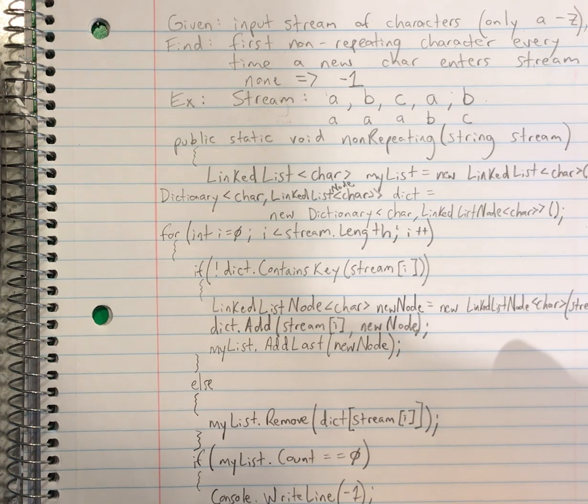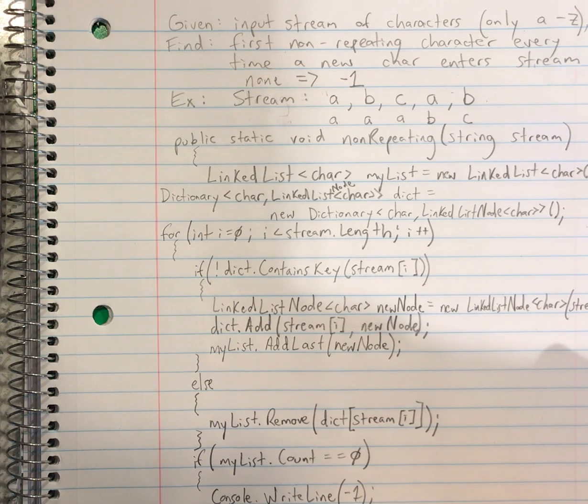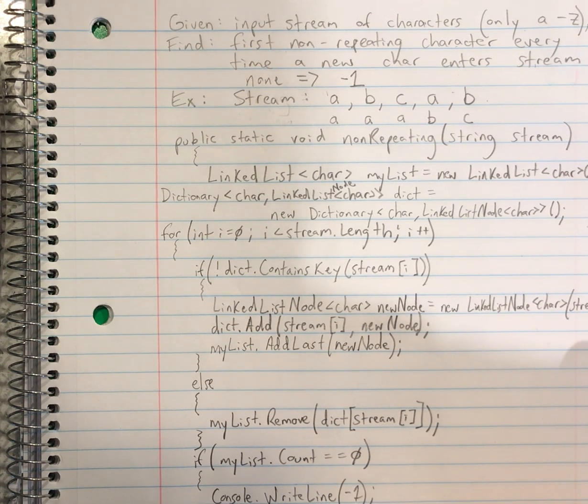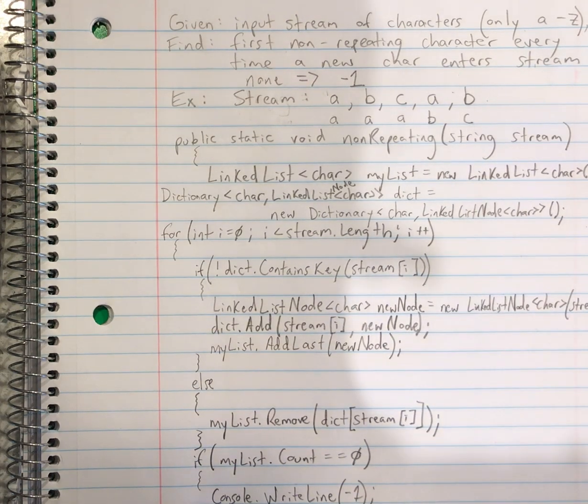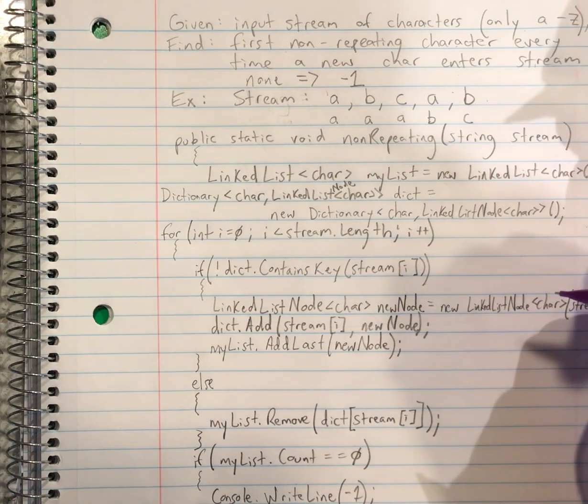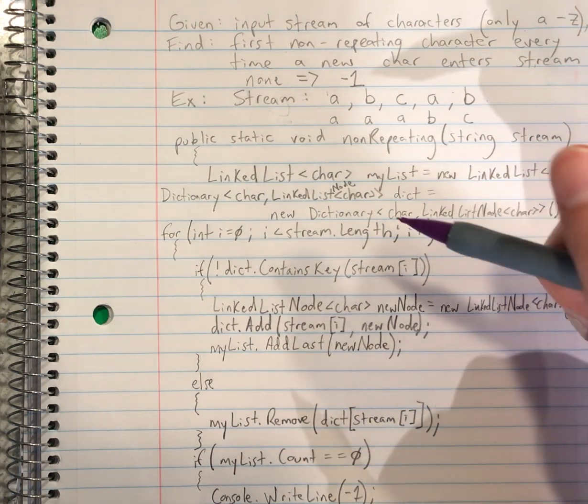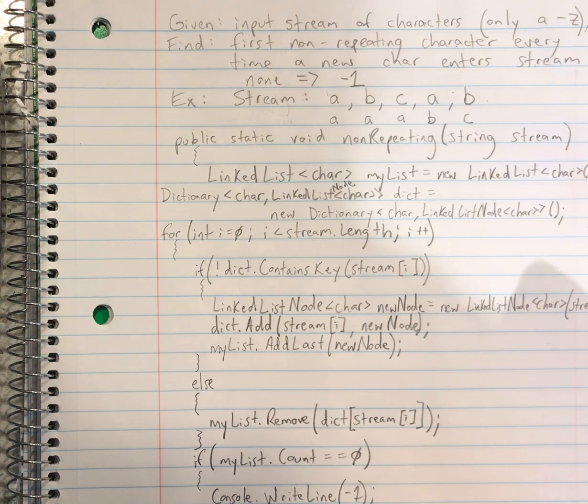So mylist.first.value. Okay, so that's the algorithm that we've come up with here.